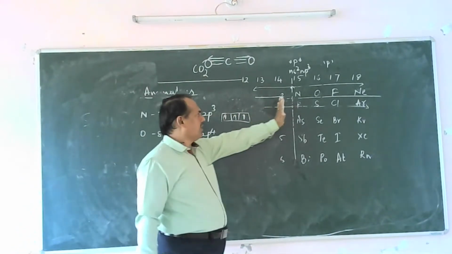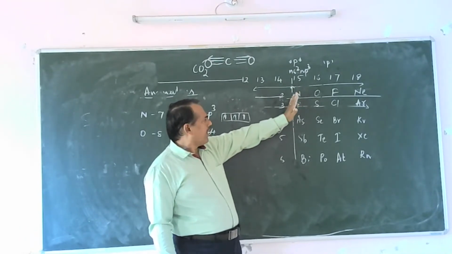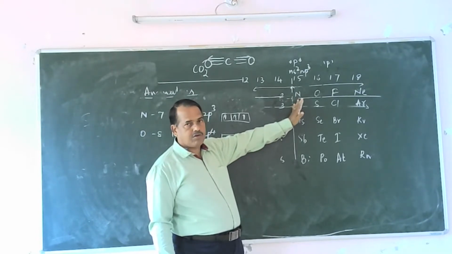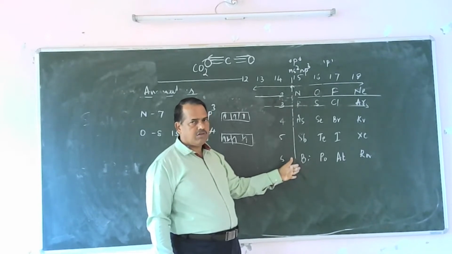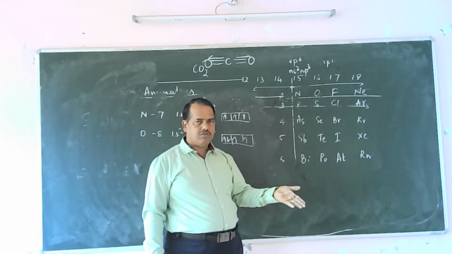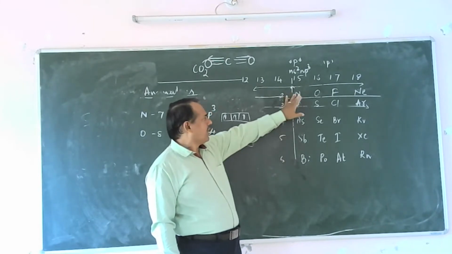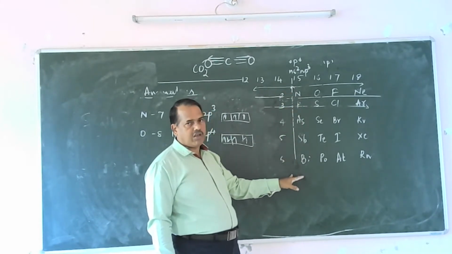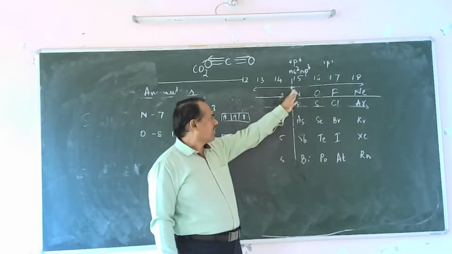So we are applying the fundamental characteristics: electron configuration, atomic and ionic radius. As you come down, the atomic and ionic radius increases due to the addition of a new shell. Then ionization enthalpy: as size is more, as you come down, ionization enthalpy decreases.